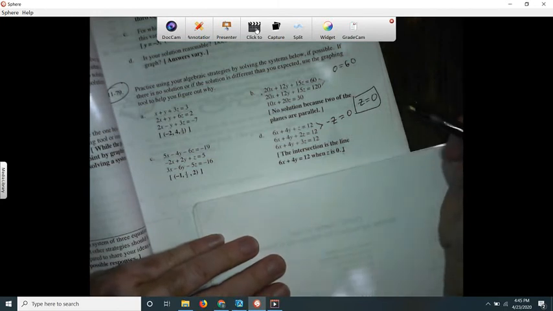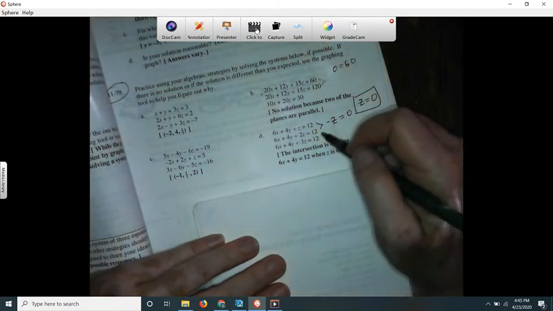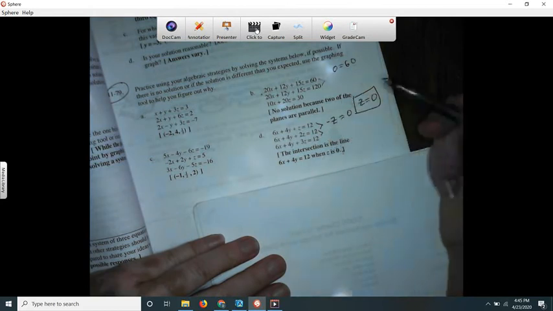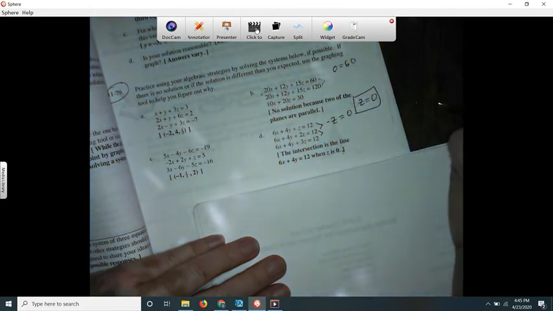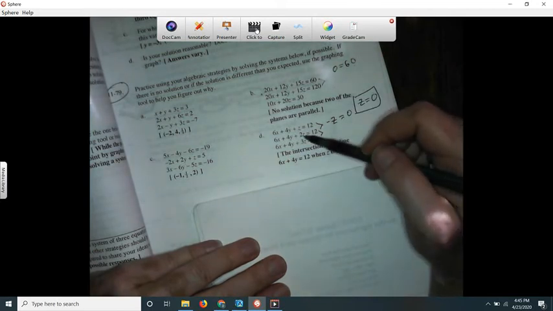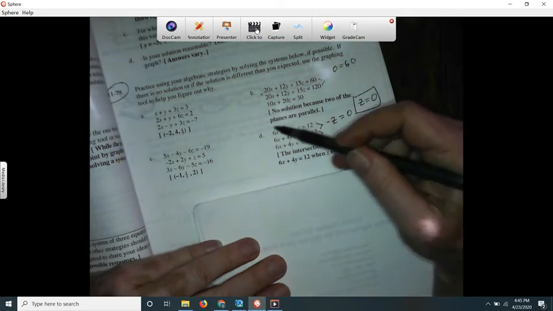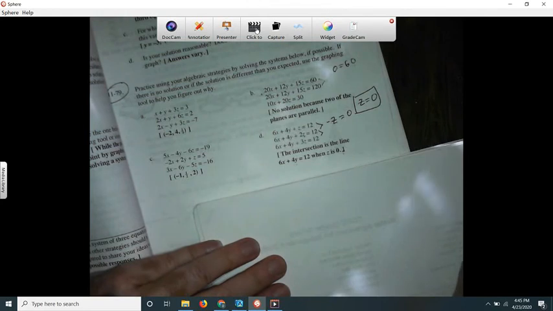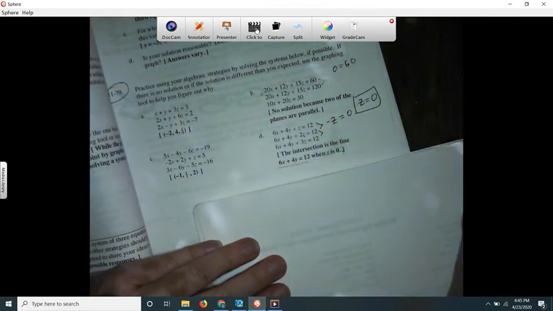And then, what's this going to be? Oh, it says 6x plus 4y equals 12 when z is 0. So when I plug in 0 for z anywhere else, I get 6x plus 4y equals 12. That's actually the equation of a line.